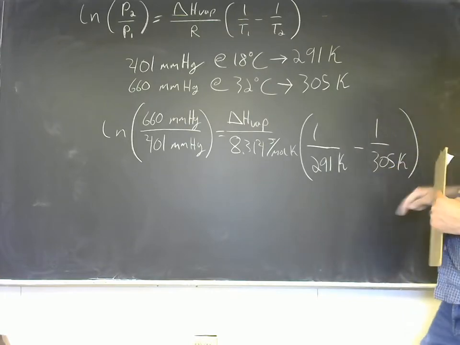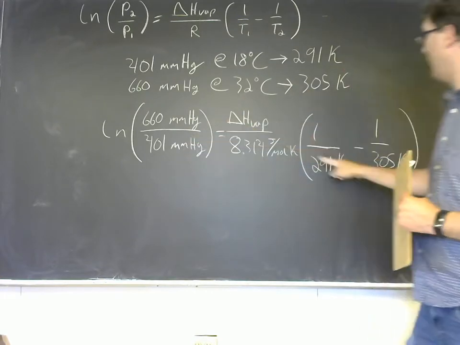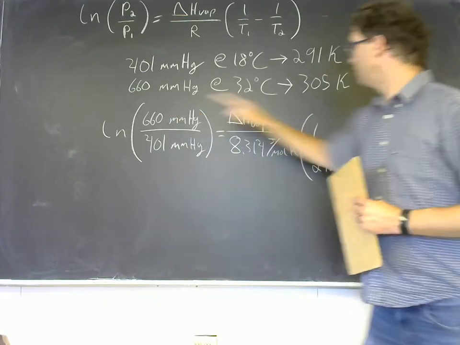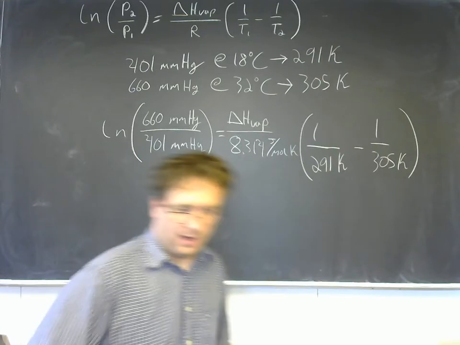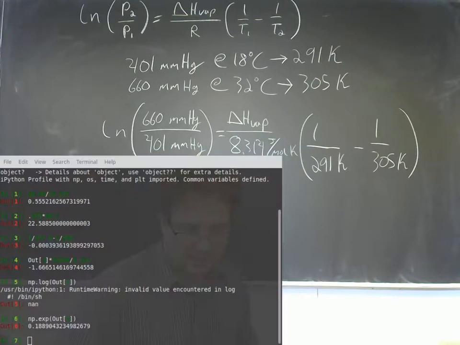Okay, so we've got pressure 1 and temperature 1, pressure 2 and temperature 2. And it's a bit tedious algebraically, but you can go ahead and use your calculator. You can probably solve it a bit more easily than me.